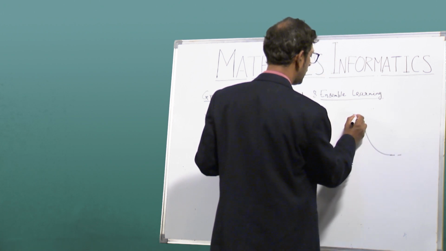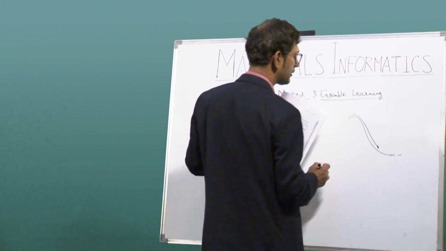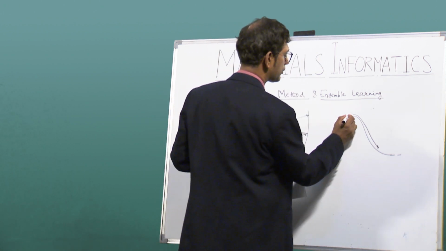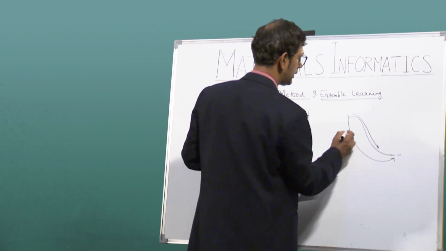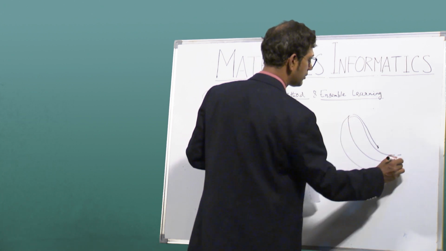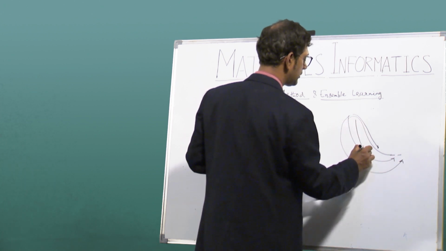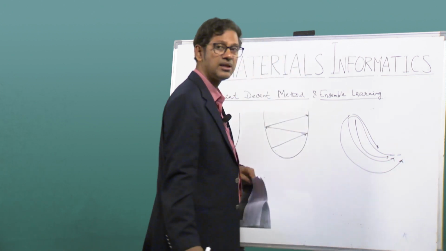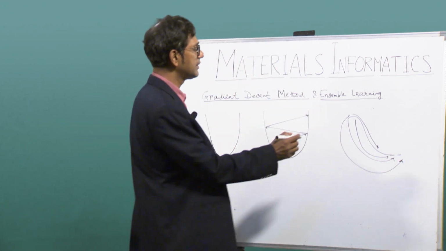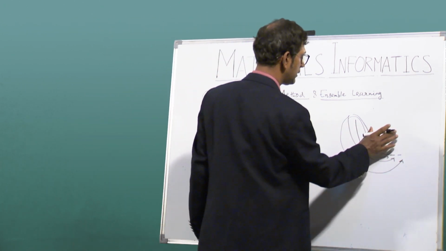You are going down the hill, this is your steepest path, right. And I told you, you can always go like this also, you can always go like this also, but none of these has the highest slope. Path 1 has the steepest slope.